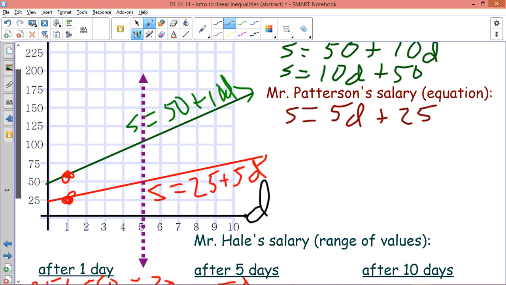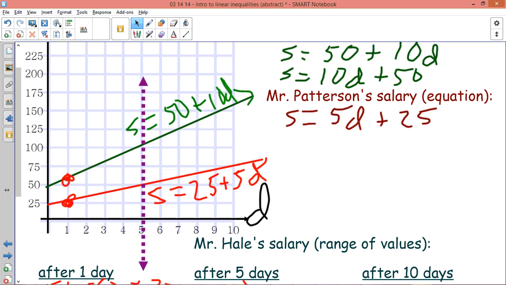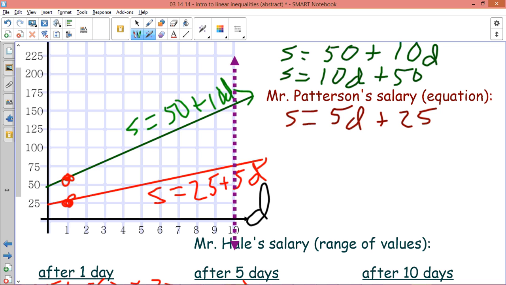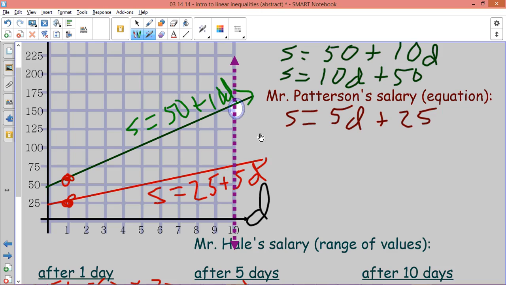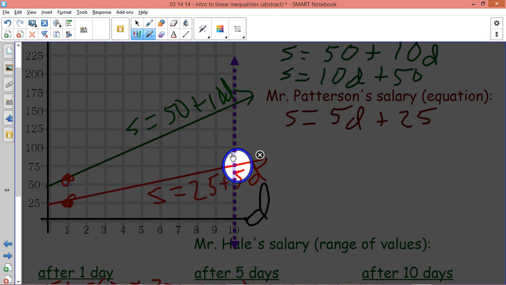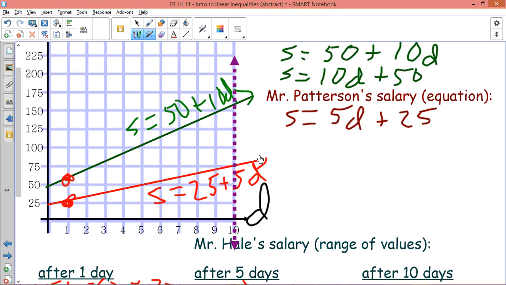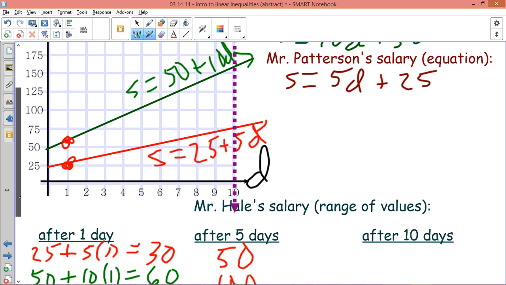And finally, after 10 days, I move my vertical line to 10, and I figure out what points these are right here. That one and that one there. Okay, so Mr. Patterson has made $75.